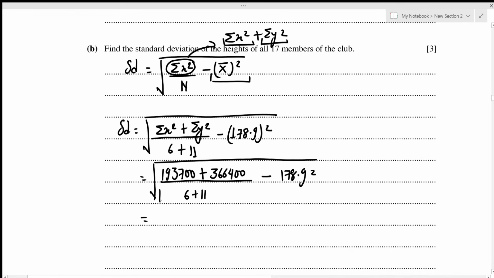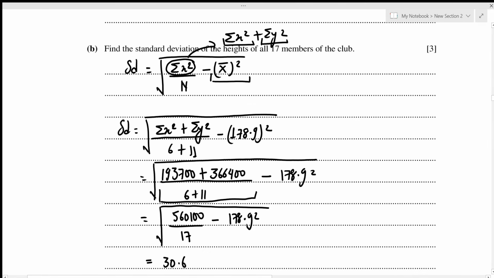I'm going to compute this value first. That's going to be the root of 560,100 divided by 17 minus 178.9 whole squared. This gives us the total standard deviation value of 30.690.